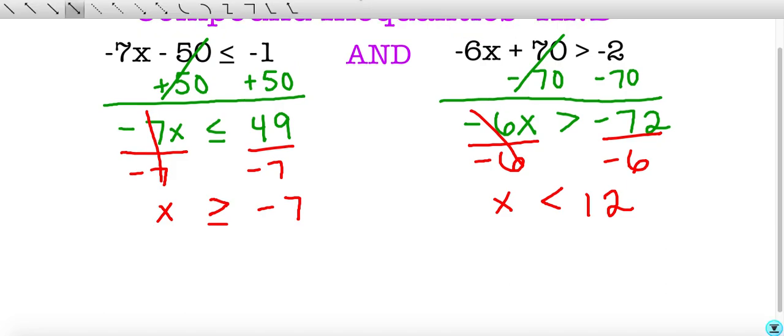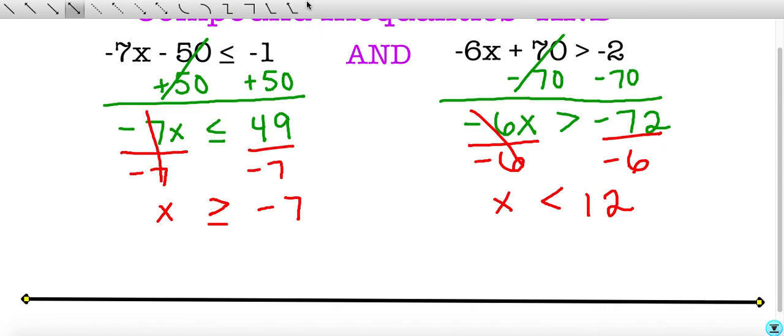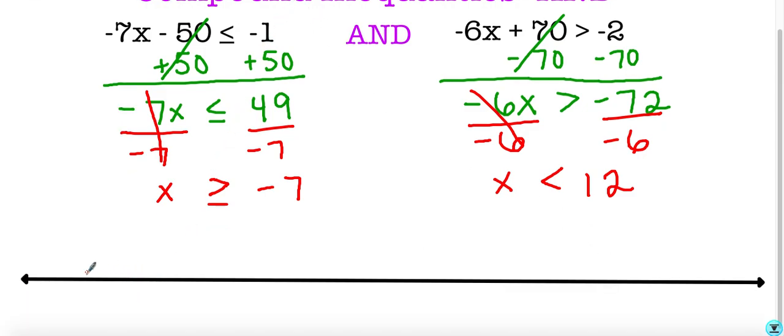So let's graph this and see what happens. Somewhere here, I'll plot my negative 7. I'll plot 0 around here, and then 12 to the far right. So here, for x is greater than or equal to negative 7, negative 7 is included, so it's a shaded circle.